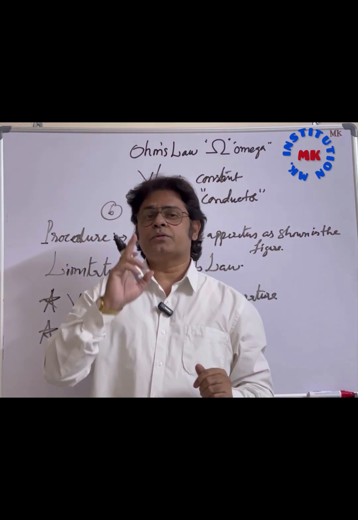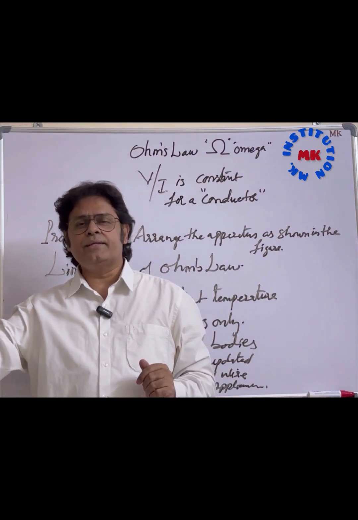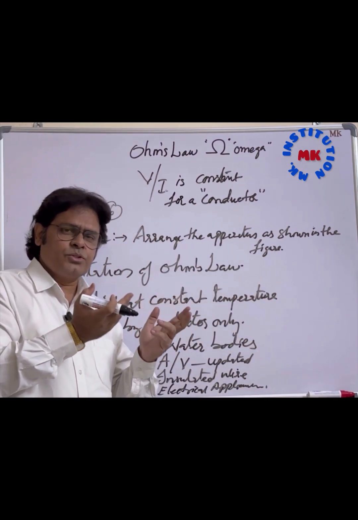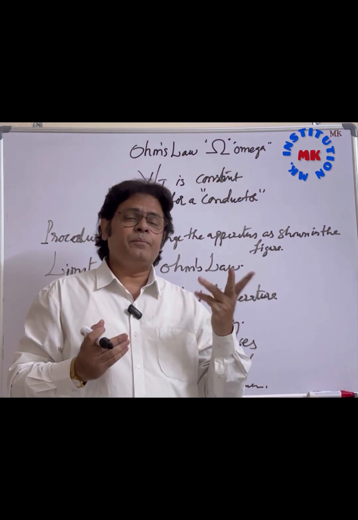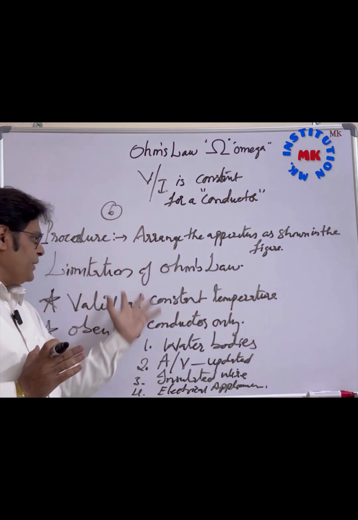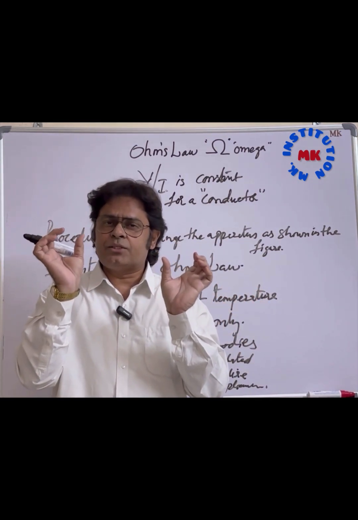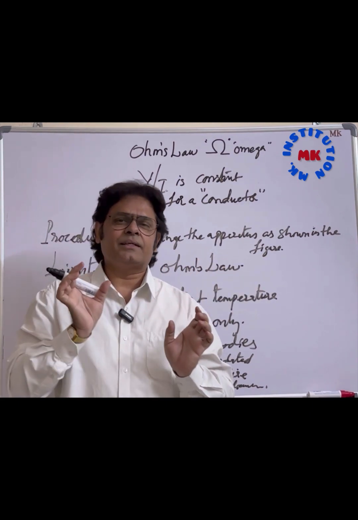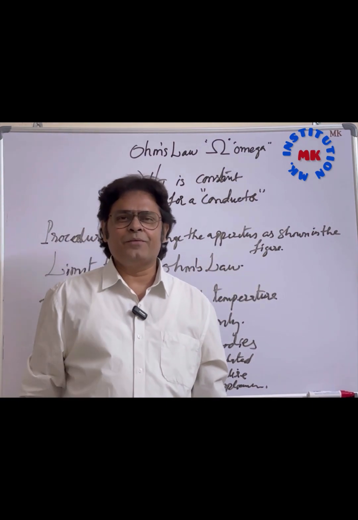Don't forget this line: arrange the apparatus as shown in the figure. Then do it, whatever activity we have done just now. Then observations and conclusions are there. Finally, the precautions we have to take. Clear? This complete answer, I have attached as a small video to this explanation so that you can write that answer. Clear? Hope everybody understood. Thank you.